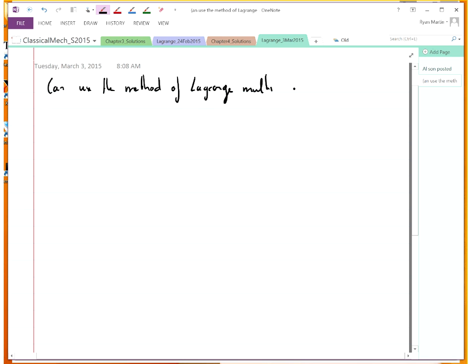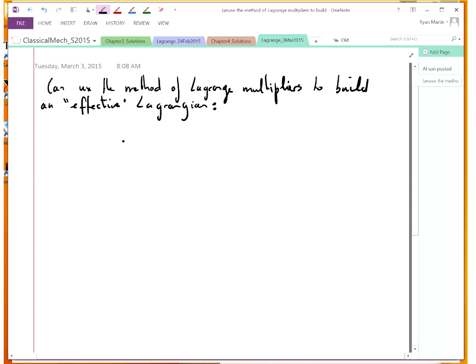Oops, I'm having trouble spelling today. Lagrange multipliers to build, let's call it an effective Lagrangian, L bar, and that's given by the original Lagrangian minus lambda 1 f_1 minus lambda k f_k, say, if there are k constraint equations.